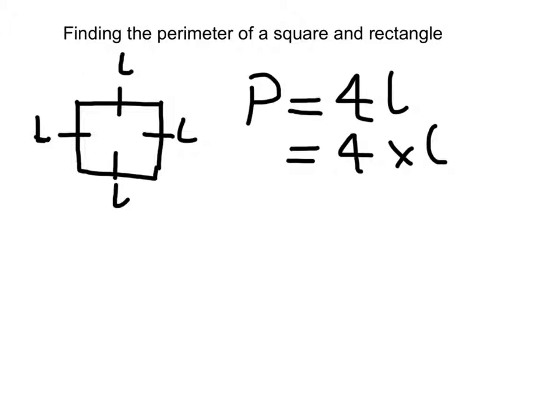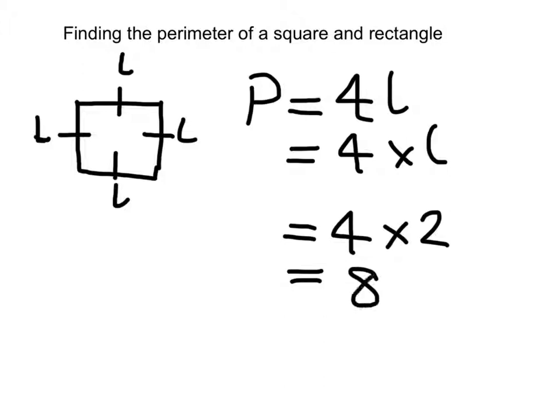So for example, if the length of the sides of that square were 2 centimetres, you just do 4 times 2 and you'd get 8 centimetres. And just like the rectangle, it's the same sort of answer as if you added it up.